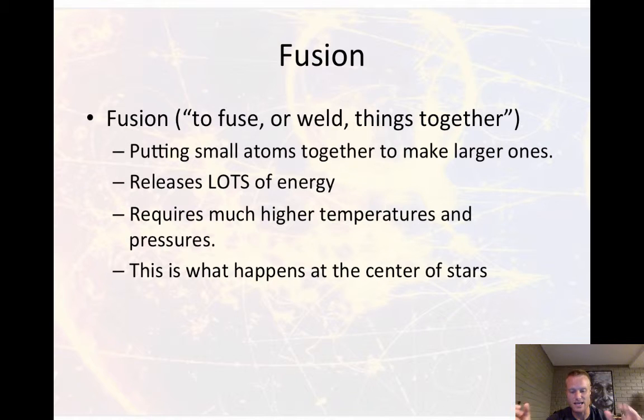During this process of taking hydrogen atoms and melding them together to make helium, you release a ton of energy. This, though, requires much, much higher temperatures and pressures, things that we are really unable to find or sustain on Earth. And so this is why it's out of a human's reach to undergo fusion on a large scale. Because this is actually what happens at the center of stars.